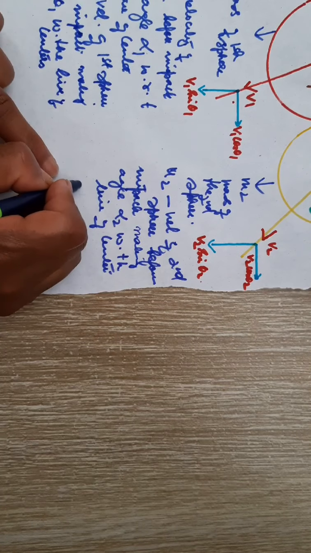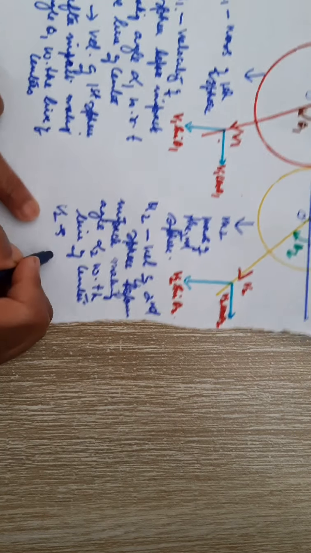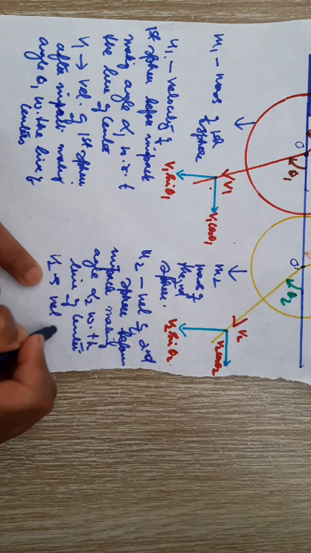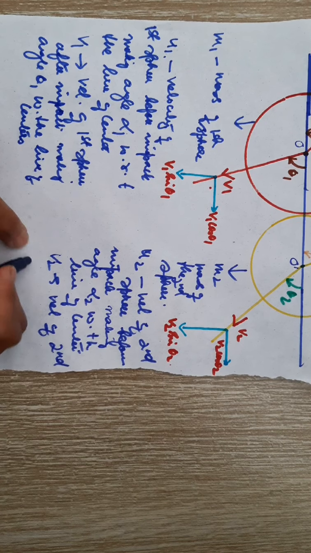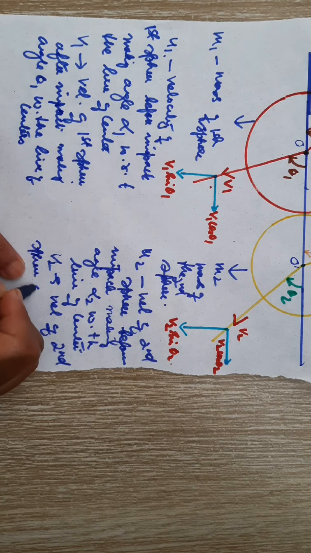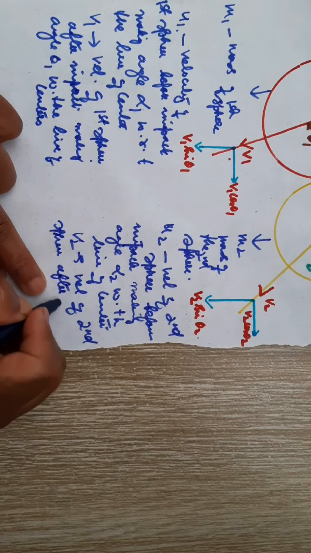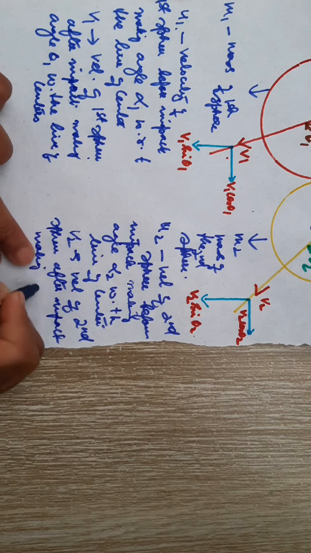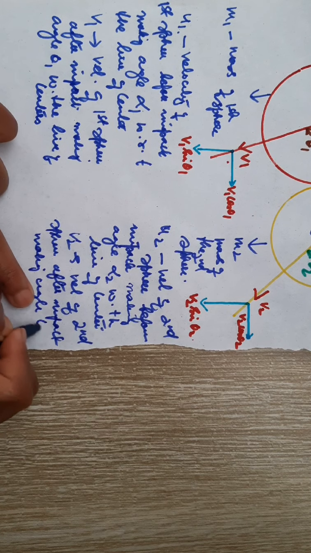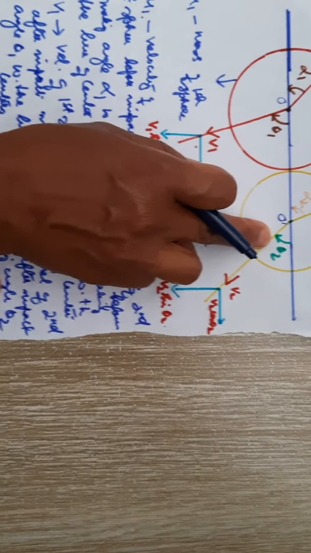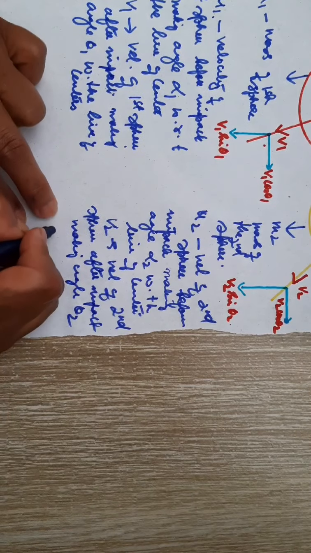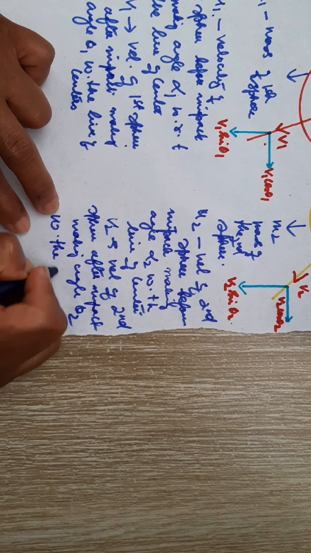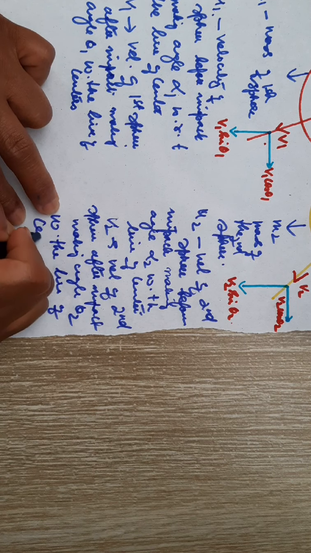Next, let us take v2 to be the velocity of the second sphere after impact, making angle theta 2, that is this one, with the line of centers.